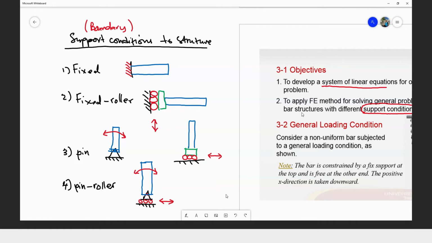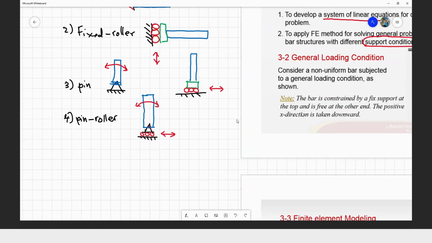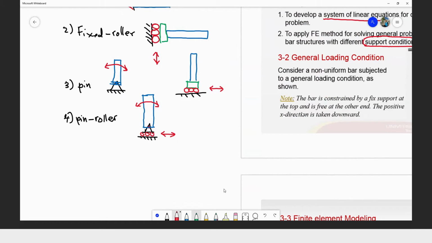And dia ada lagi satu, which is symmetry boundary condition. Yang ni in some cases juga symmetry boundary condition.